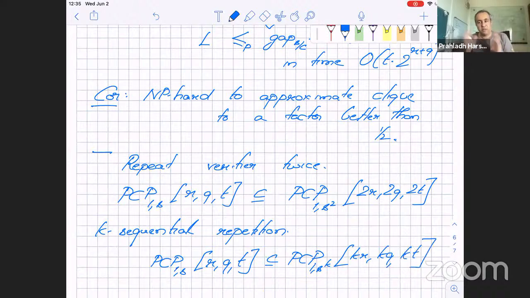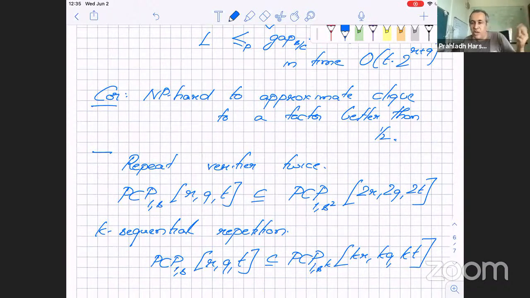Are people with me on this? I'm just repeating the verifier K times, and I'll accept only if all the K runs accept. So it's going to toss K times as many coins, possibly query K times as many queries, and its running time is K times larger.